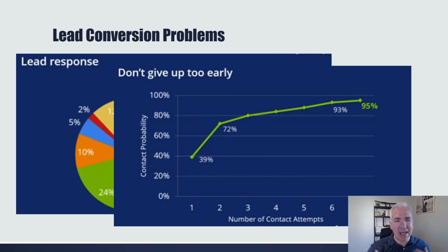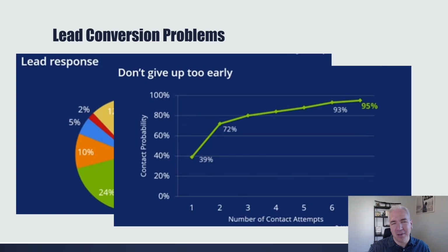You'll notice that this screenshot is just showing your likelihood of making contact. So if all you did was attempt to contact them once, your chance of being successful is, and this isn't converting, this is just making contact, 39%, right? And this is what the majority of agents are doing, they're only trying once, right?